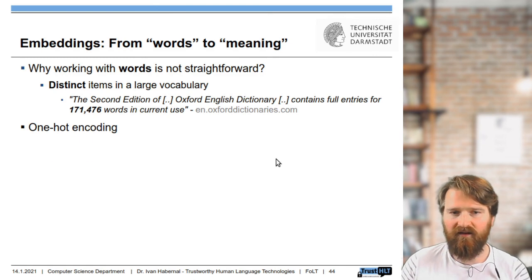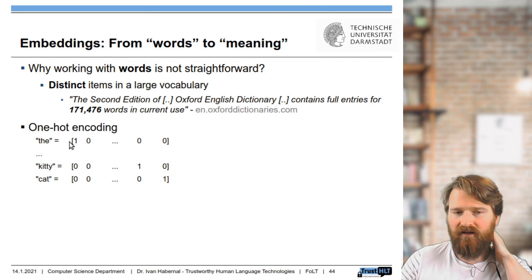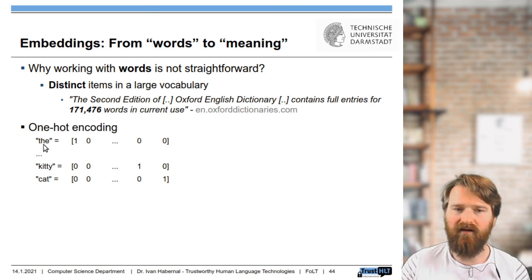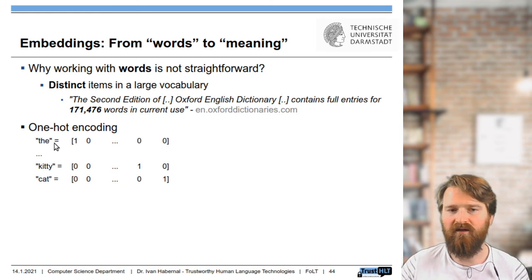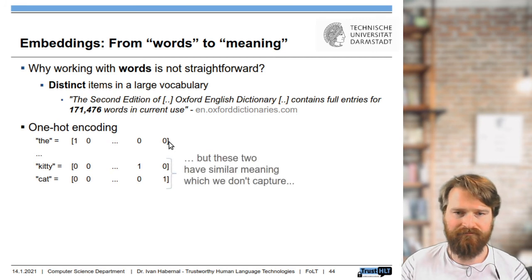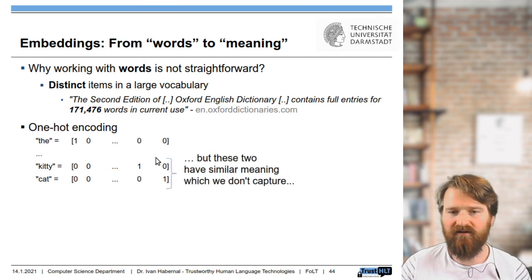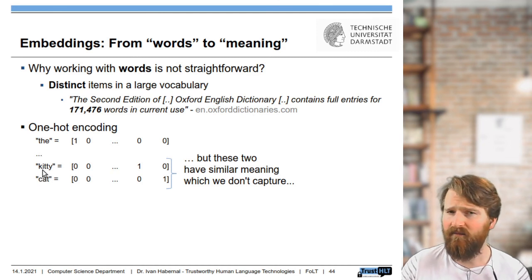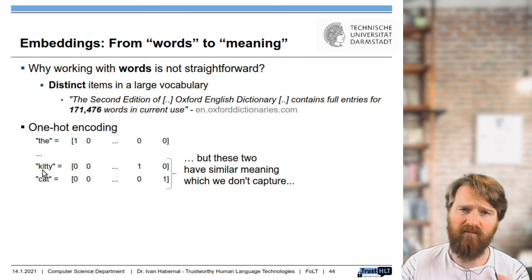How we typically encode it is so-called one-hot encoding. So we have a large vector of the size of the vocabulary, and if the word is "the" and "the" is index 1 in the vocabulary, we put 1 there as the presence of the feature. So each word is basically a one-hot encoding. It's one option. The problem here, as I said, is that if two words have similar meaning, like cat and kitty, these are not the same, but the meaning is sort of similar in most contexts.